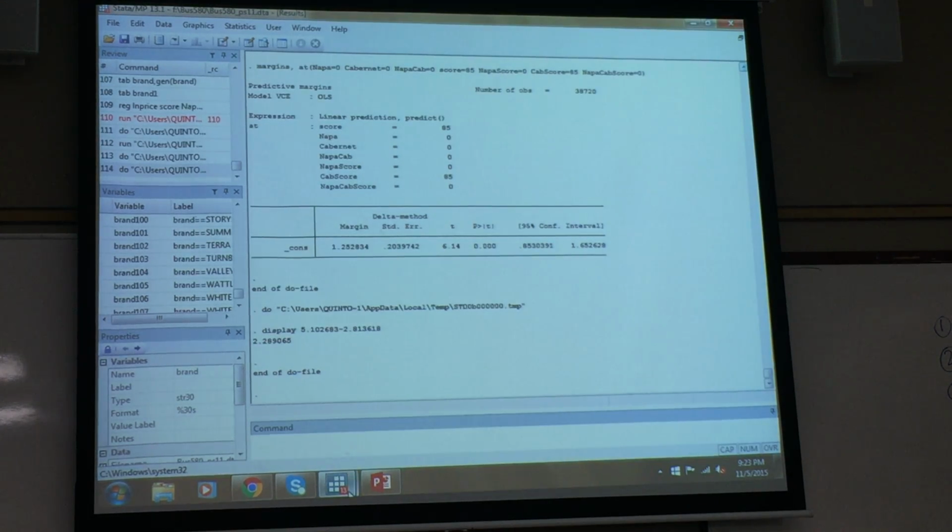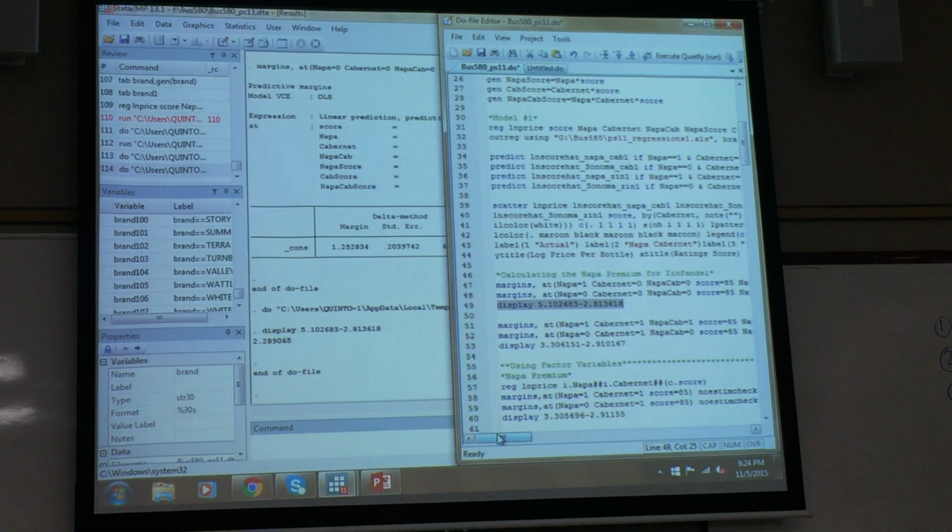Again, this is the Zin. More interesting results are with the cab.